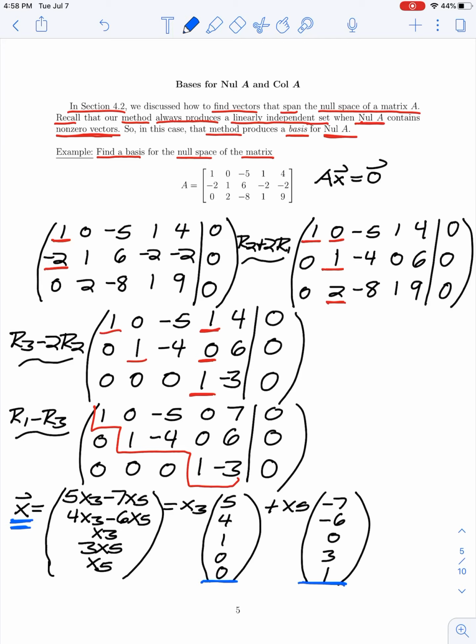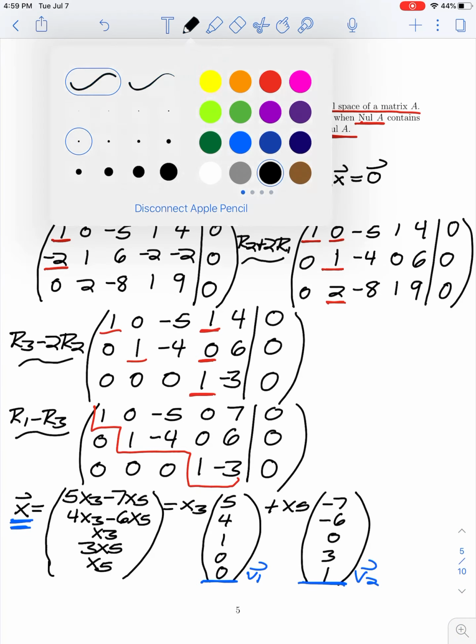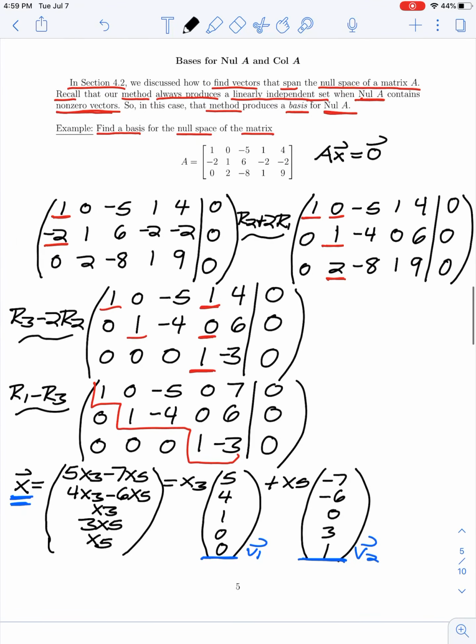Also, this process generates a set of linearly independent vectors because if one could be written as a linear combination of the other, then there would be one less free variable. These two vectors, let's maybe call them v1 and v2, form a basis for the null space of A. So here, the basis that we're interested in, B, would be the set of vectors v1, v2, which we found here.